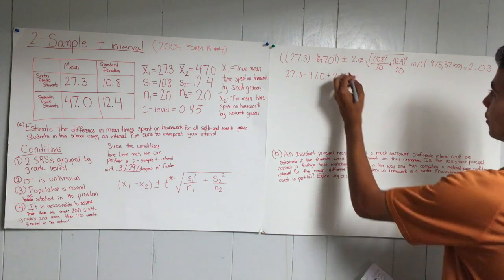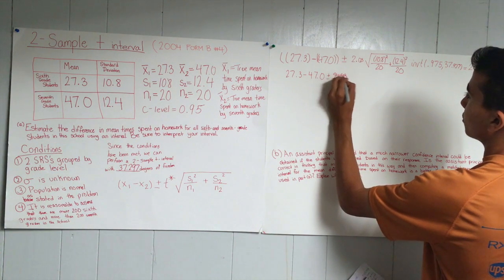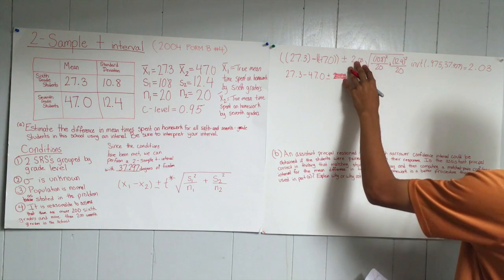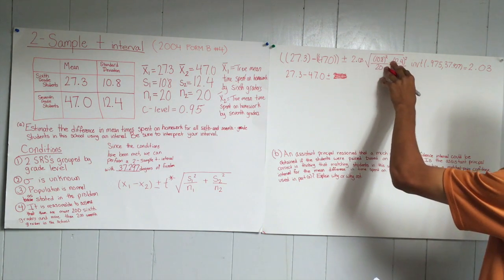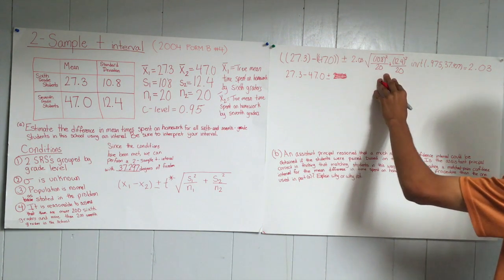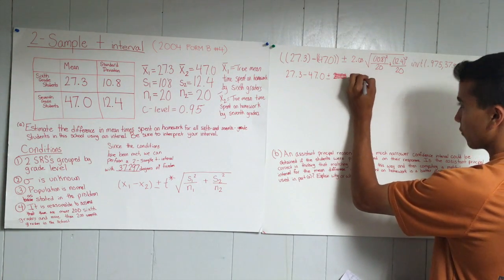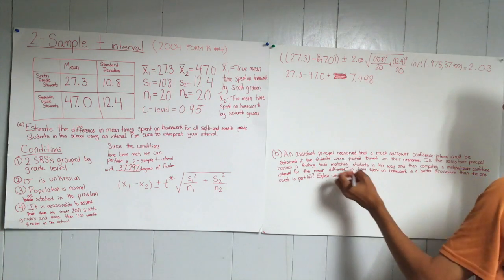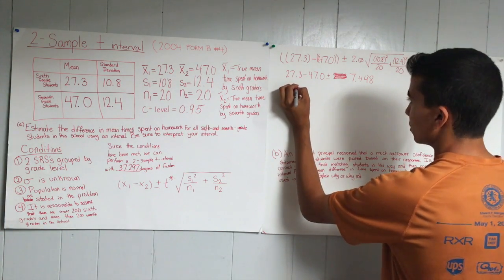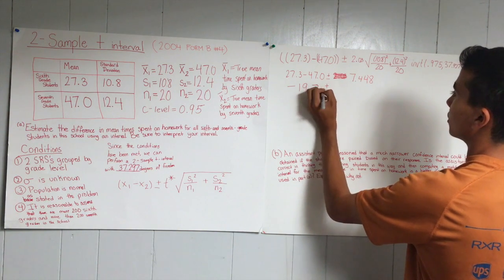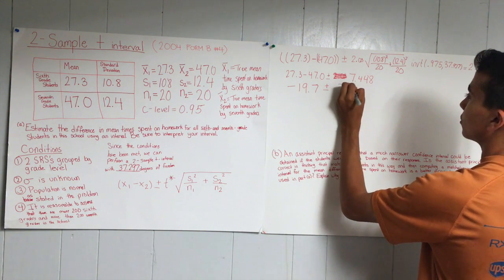now once you've multiplied everything out, because you don't have to show everything, once you've plugged in all the numbers, you can just show the right side, which is going to give you 7.448. So this comes out to be negative 19.7 plus or minus this value.